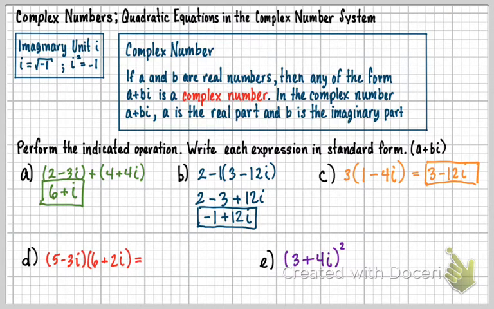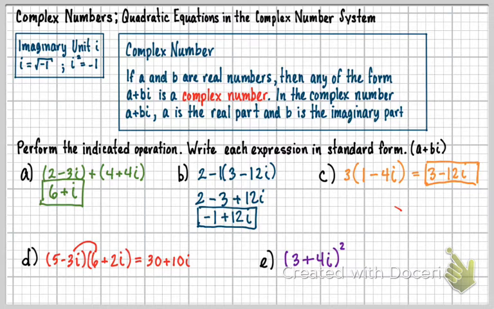So what that means is I'm going to have to do 5 times 6, which is 30. And then I have here 5 times 2i, that's going to be 10i, and it's positive, so plus 10i. And then I'm going to do the third one here, that's this one.